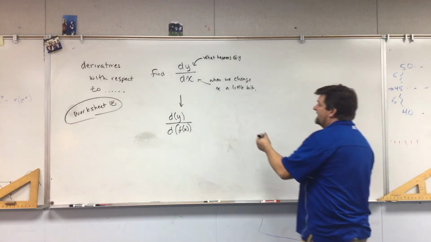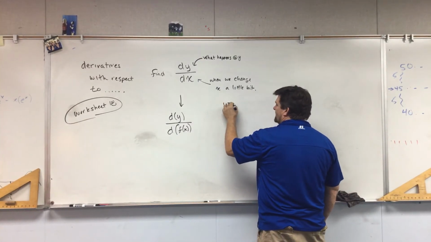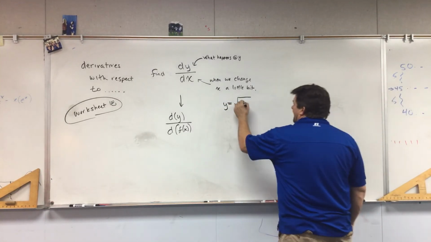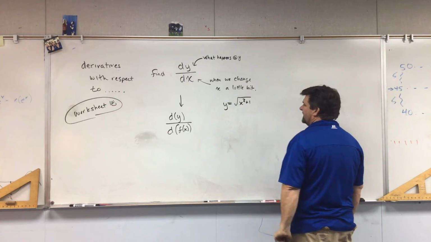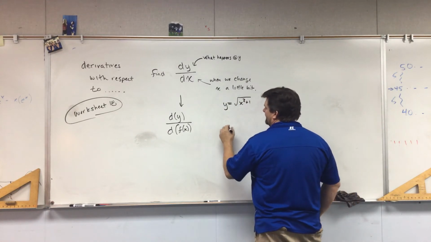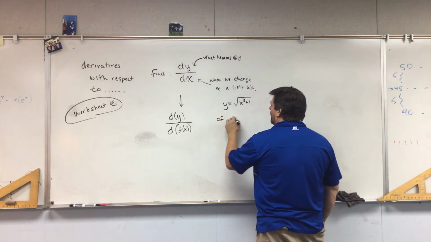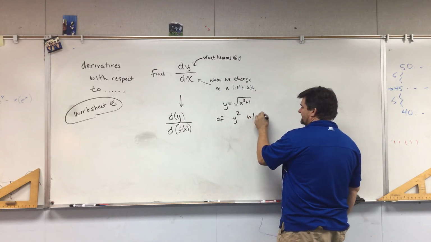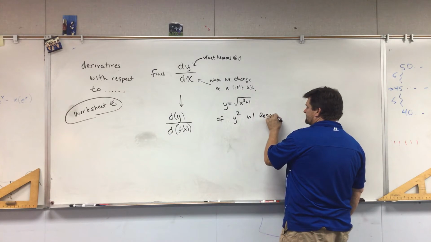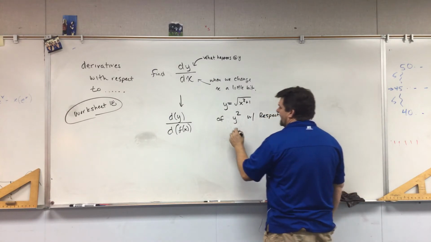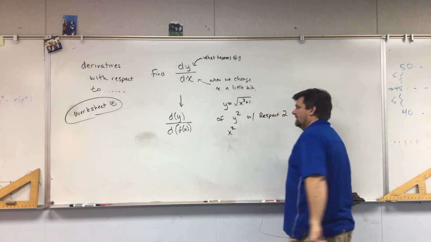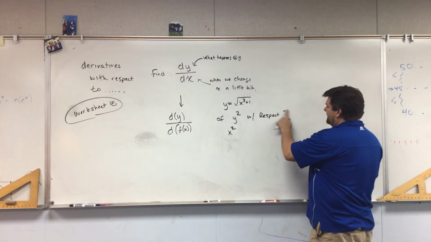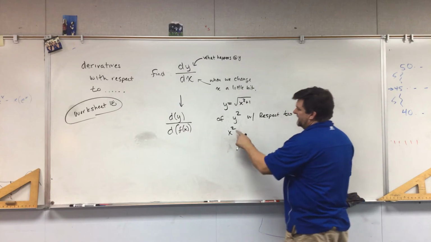So they say, if y equals the square root of x squared plus 1, then take the derivative of y squared with respect to x squared. You're like, what? Okay, so with respect to x squared.